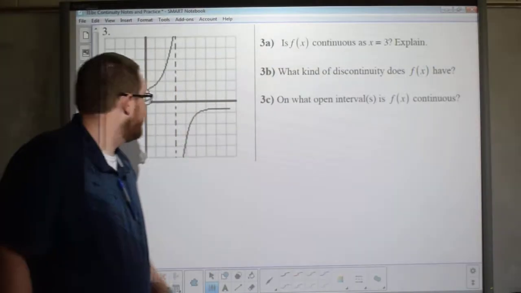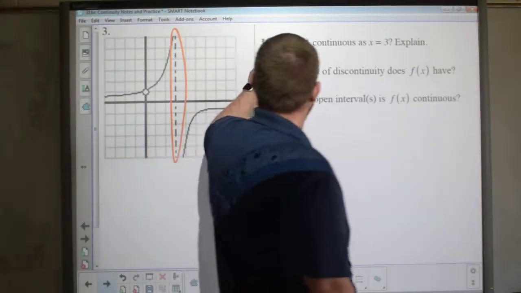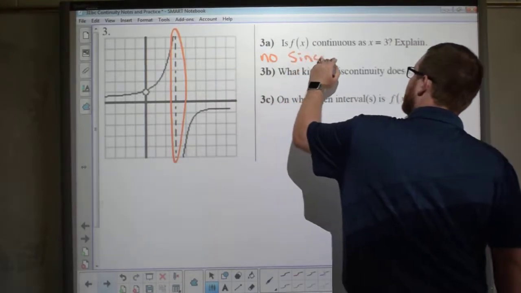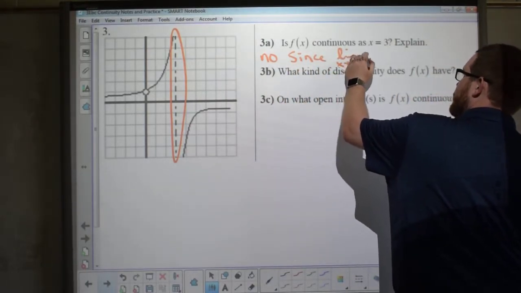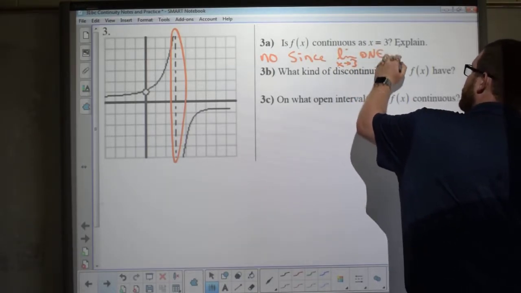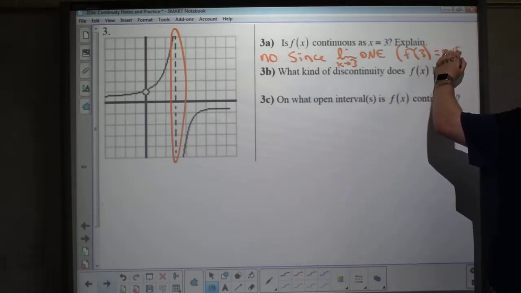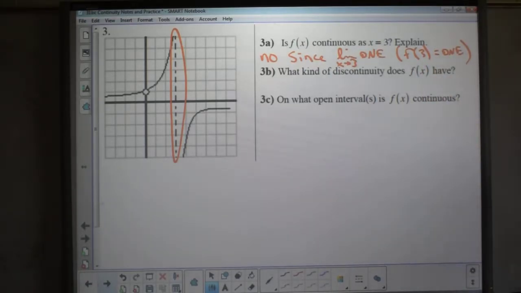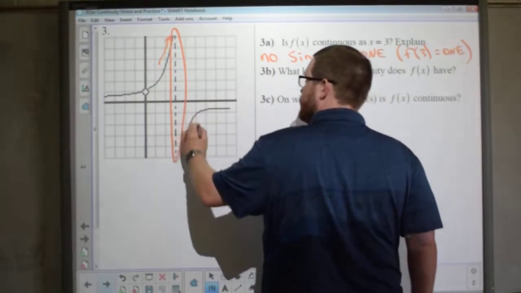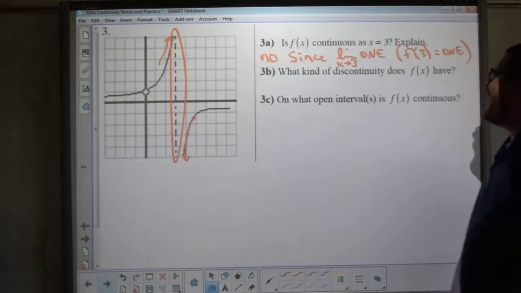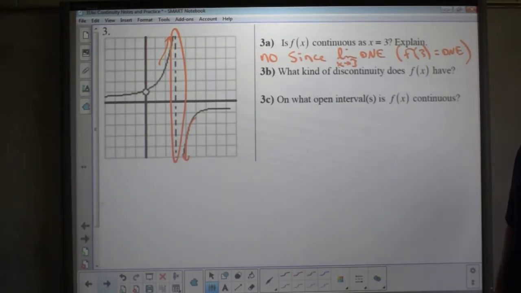Is it continuous at 3? No. Since the limit as x approaches 3 does not exist. Also, f of 3 does not exist. So this one's not continuous for 2 reasons. The limit doesn't exist because one side's going up forever and one side's going down forever. And the point doesn't exist because there's an asymptote. What type of discontinuity is that?